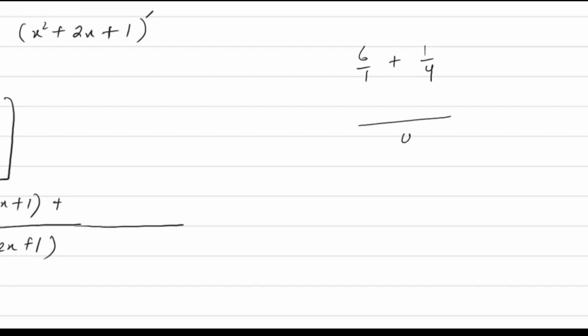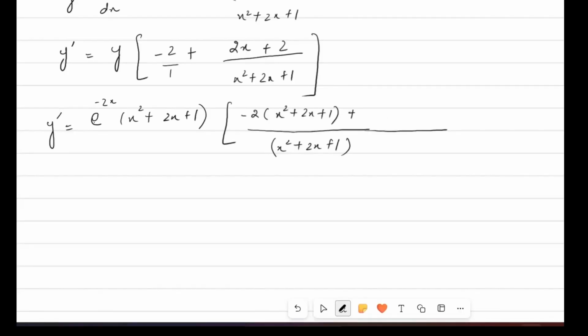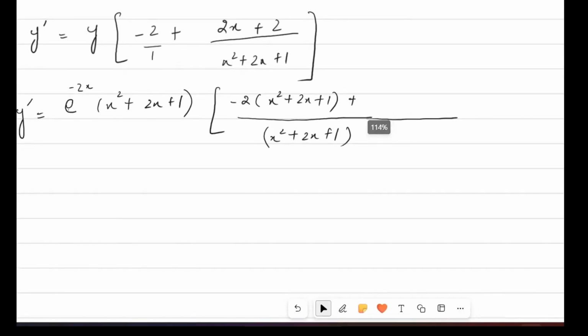The denominator will be 4 when we are having 1 in the denominator. So we can take 6 multiplied by 4 plus 1 multiplied by 1. So 24 plus 1 by 4. Fine.